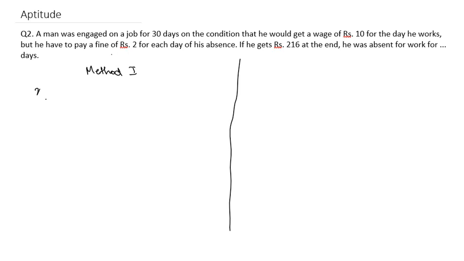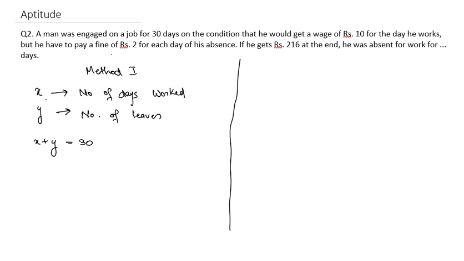Let us assume x to be the number of days he worked, and y the number of leaves. So in the question, the total number of days is 30. So x plus y should be equal to 30.